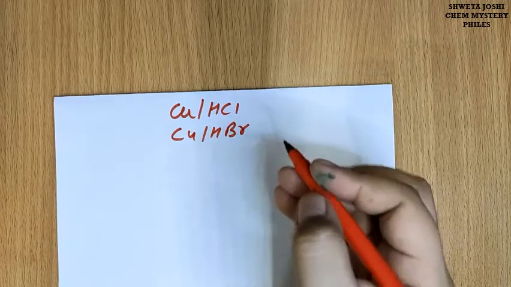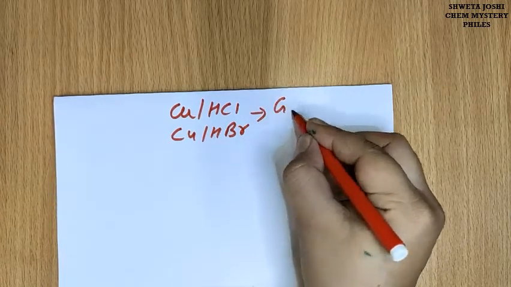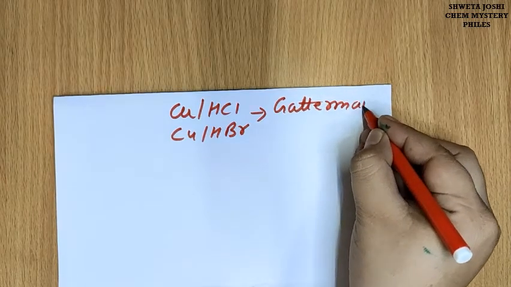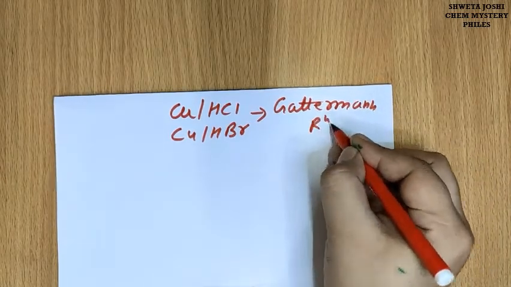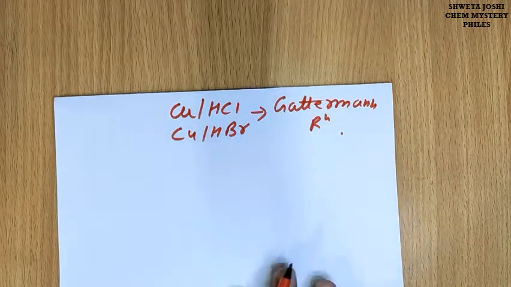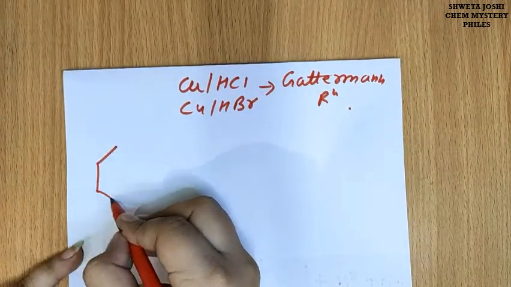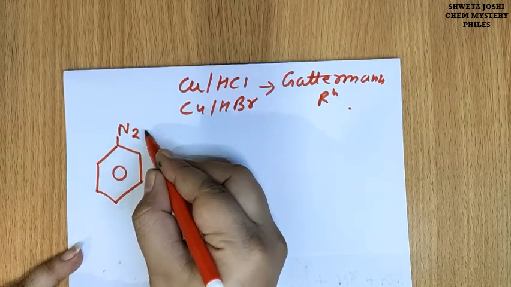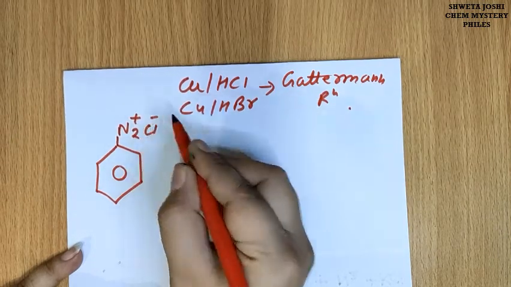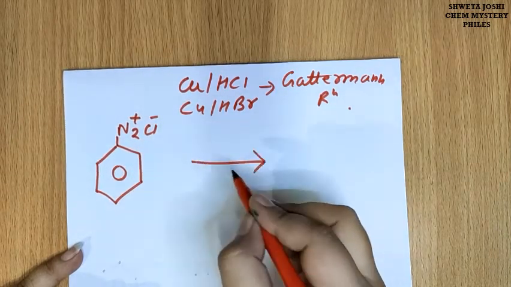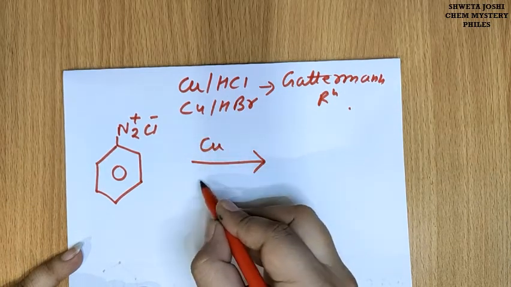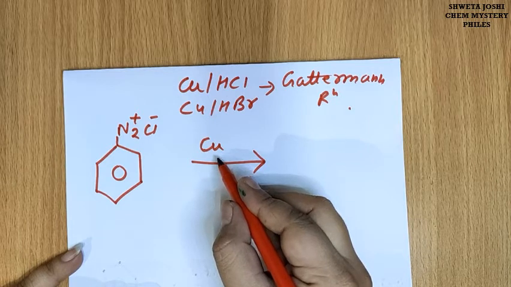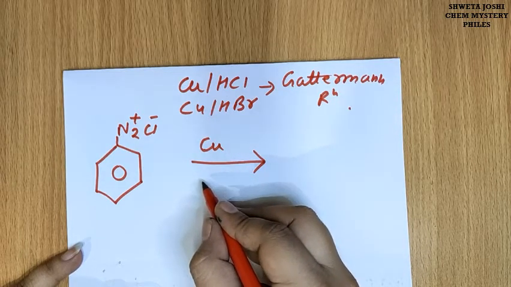In this case, the reaction is known as the Gattermann reaction. In this reaction, we take benzene diazonium halide, benzene diazonium chloride, and perform the reaction in the presence of copper in place of cuprous chloride or cuprous bromide.